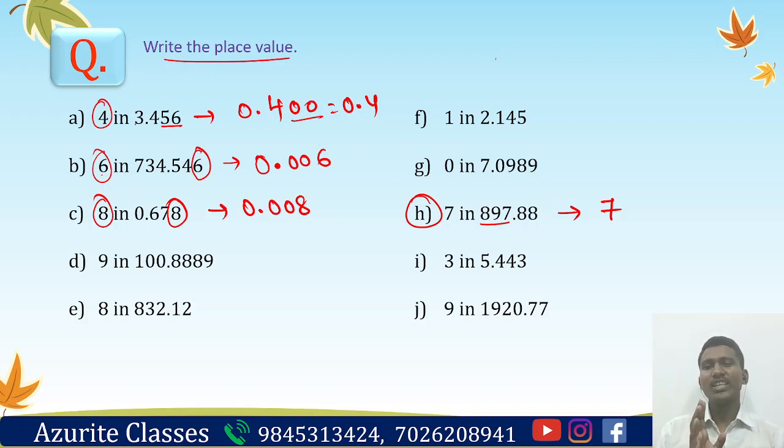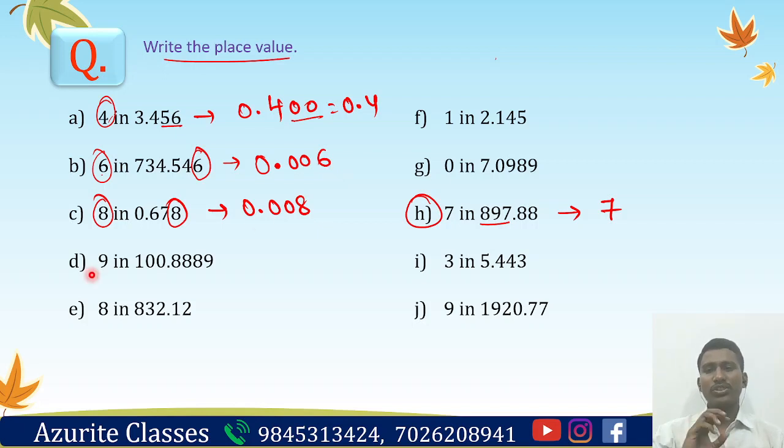Here if you take 4, what will be the value? 4 is the first place, so 0.4 here. Here 6 is at the third place: tenths, hundredths, thousandths. So 0.006, thousandths place. Right? This is how you have to write the place value in decimals.